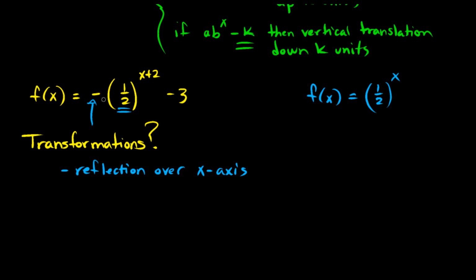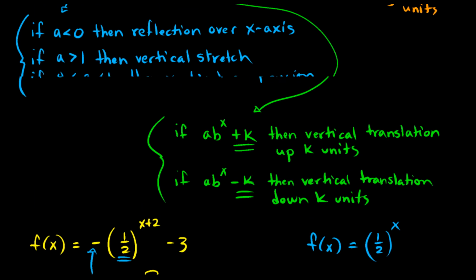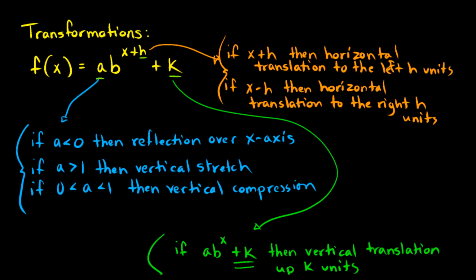Now, because the a value is -1, it is not going to stretch or compress it at all. The absolute value of the a value would have to be greater than 1 or in between 0 and 1 to actually have this affected. I should have mentioned that when we're talking about whether a is greater than 1 or in between 0 and 1, we're looking at the absolute value of it.